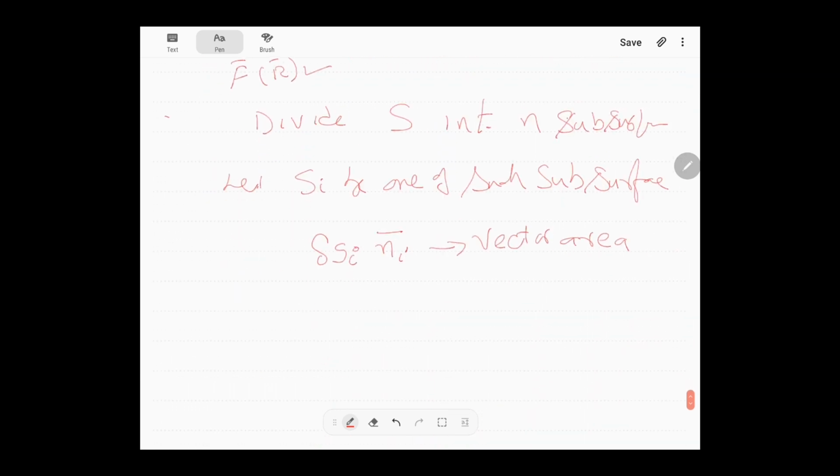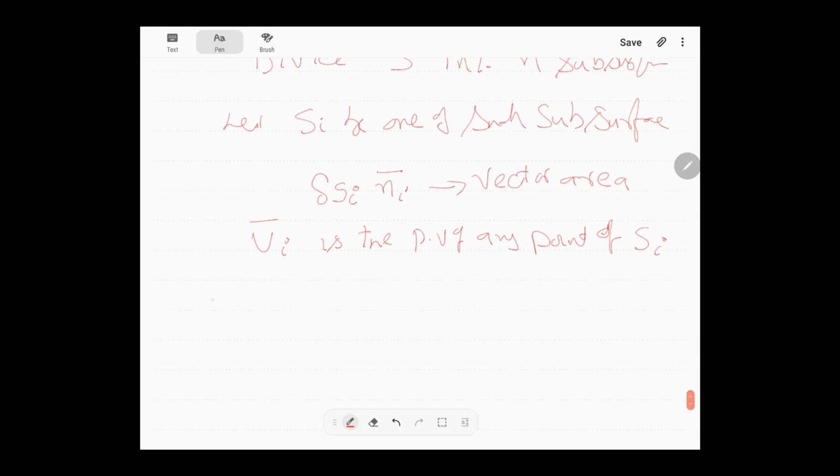Let its position vector be ui bar, the position vector of any point of subsurface Si. Because f bar is defined on S, I can find f bar at ui bar, and you have the vector area delta Si into Ni bar.